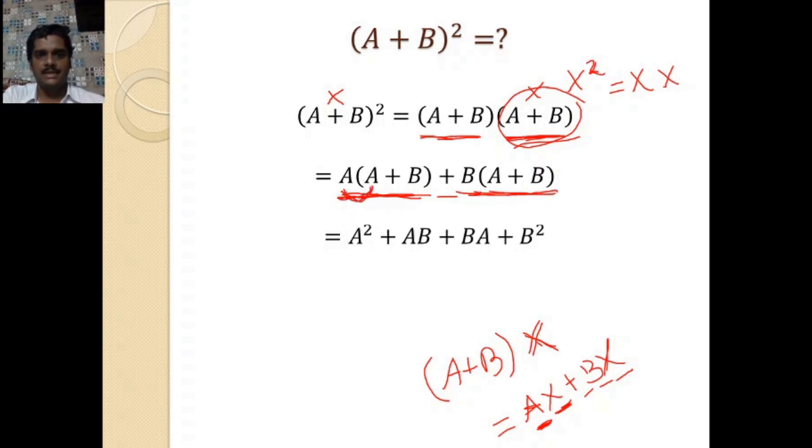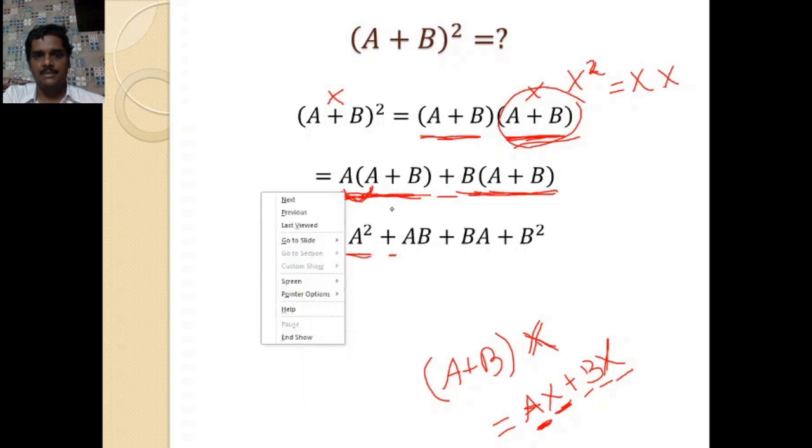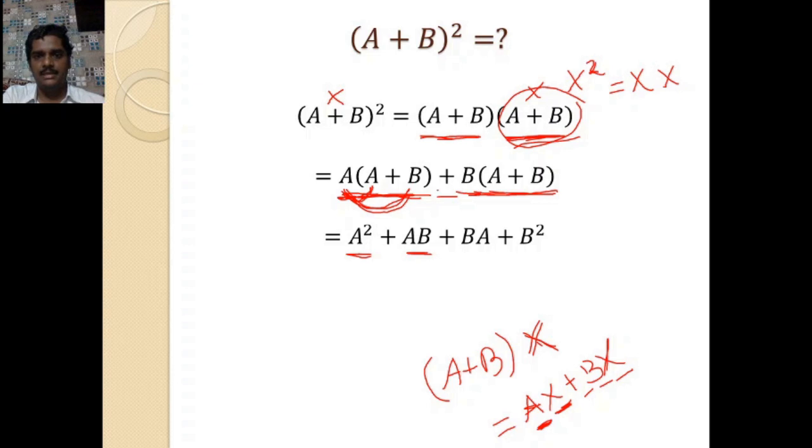So this A multiplies with this A to give you A², then plus this A multiplies with this B to give you AB, then plus this B multiplies with this A to give you BA, and then plus this B multiplies with this B to give you B².